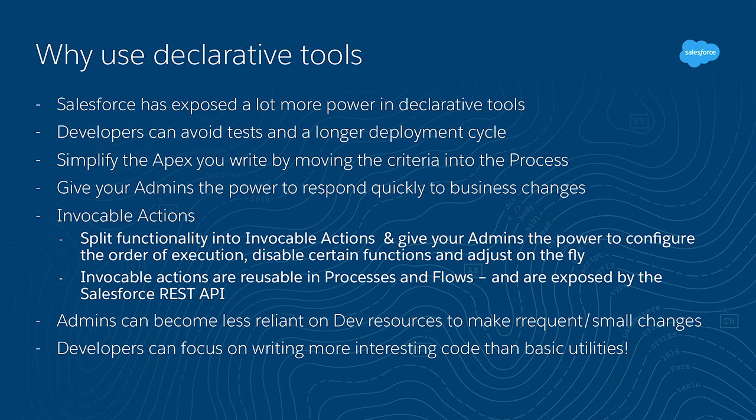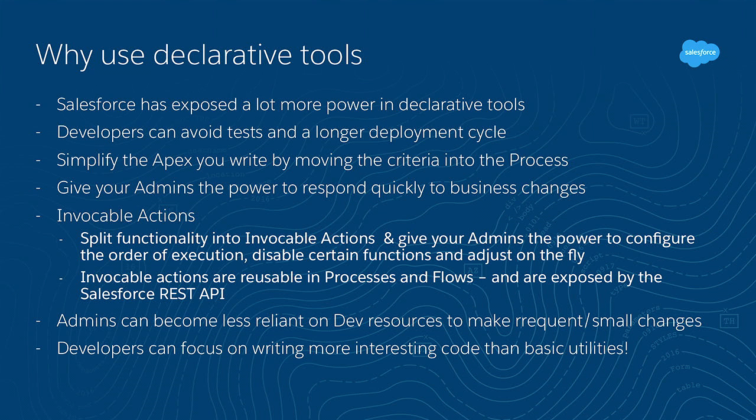So I just want to talk about why you might want to use declarative tools, even though you're a developer and you can code. All right, this is a pretty good laundry list, but really, it comes down to the ability to go faster, segment your functionality, segment your features, give the admins or the people who are closer to the business process the ability to make those small tweaks and changes and not to come to you each time.